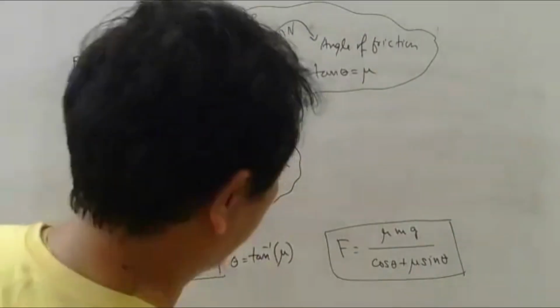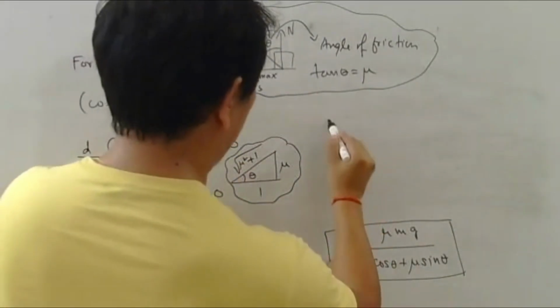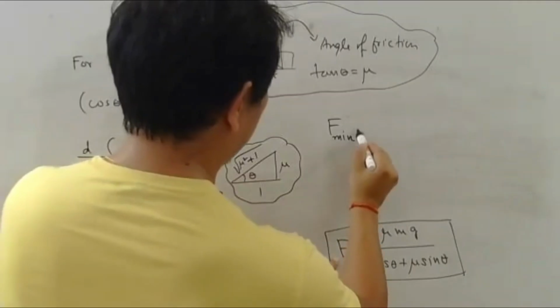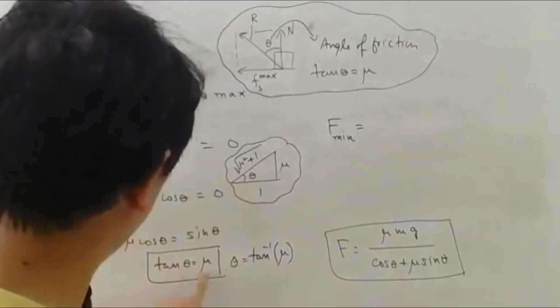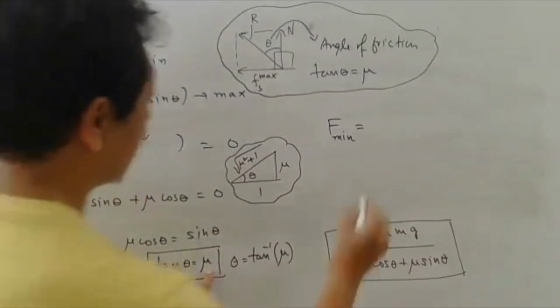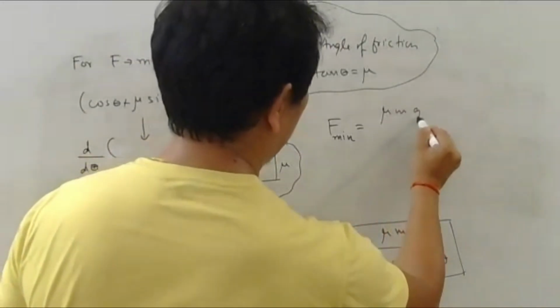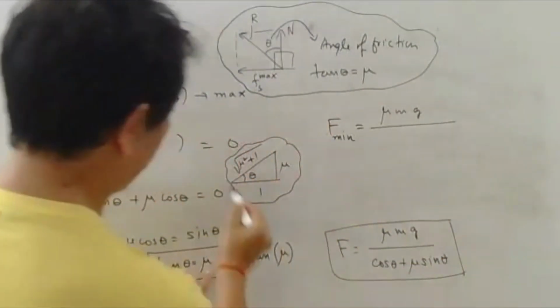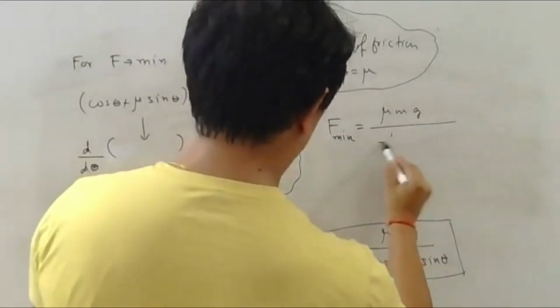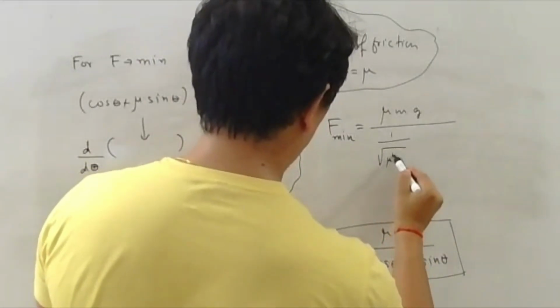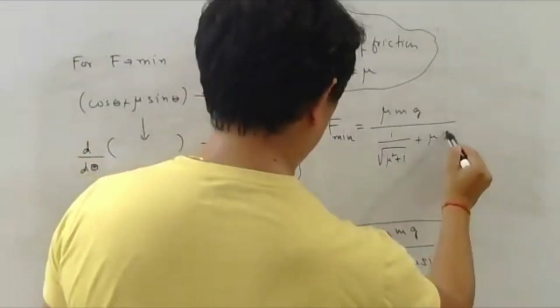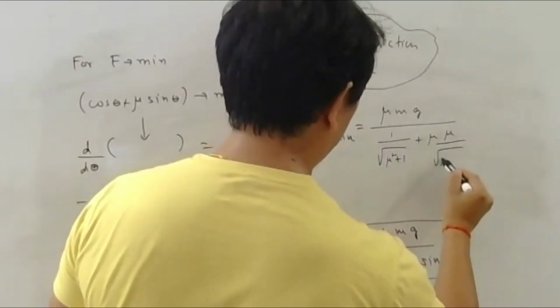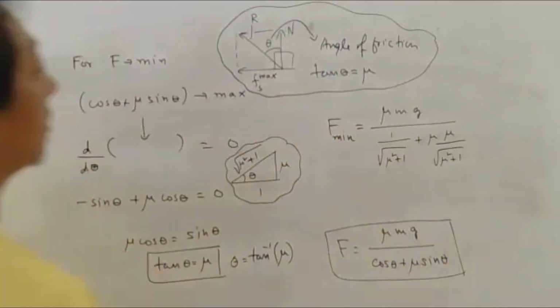So F minimum will be when tan theta is mu. Tan theta mu means cos theta from this triangle is 1 by root over mu square plus 1, and sin theta is mu by root over mu square plus 1.